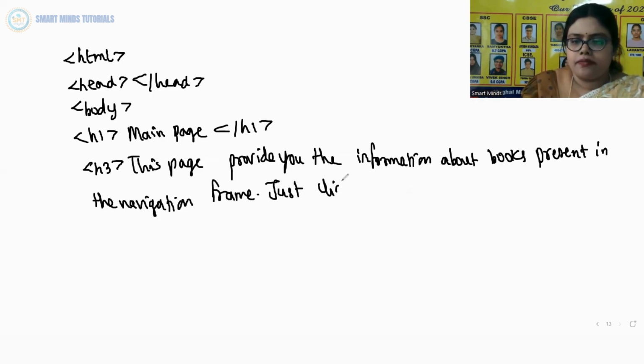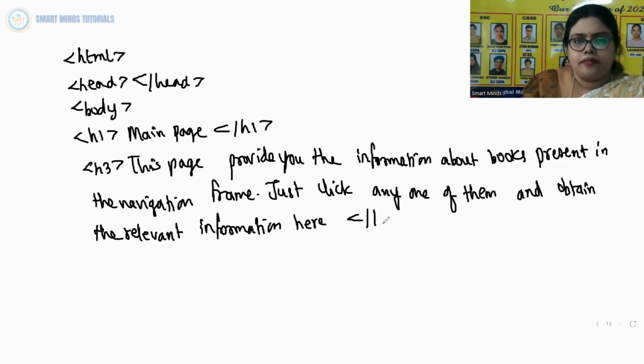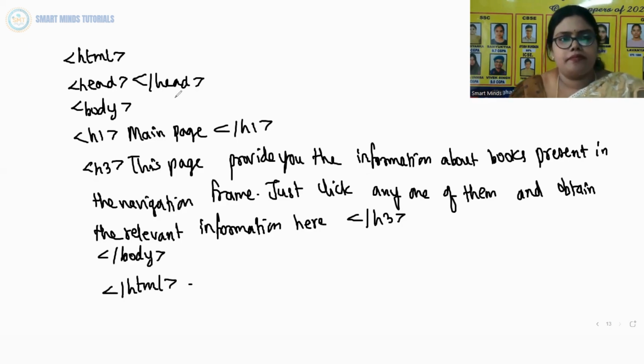Just click any one of them and obtain the relevant information here. Then close the H3 tag. Now close the body tag and close the HTML tag. So this is the code for linksinfo.html.